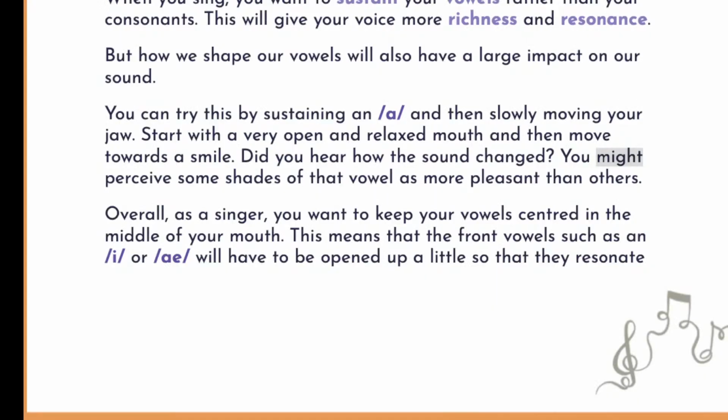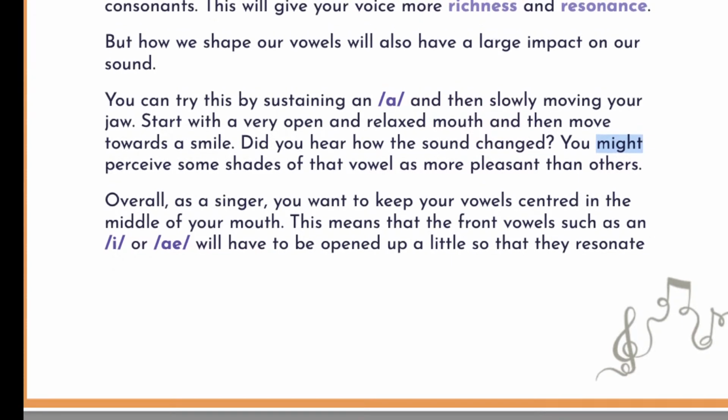But the shape of your mouth and how you shape your vowels can add a different quality to how specific words or sounds are enunciated. For example, try sustaining an ah sound again, and then slowly moving your jaw. Start with a very open and relaxed mouth, and then move towards a smile.